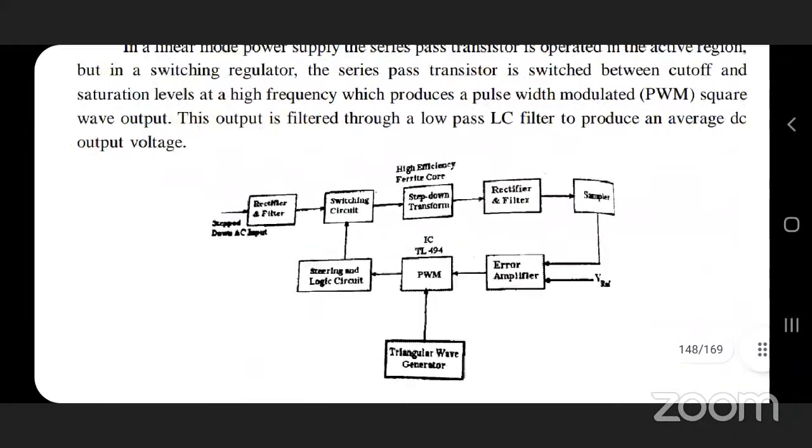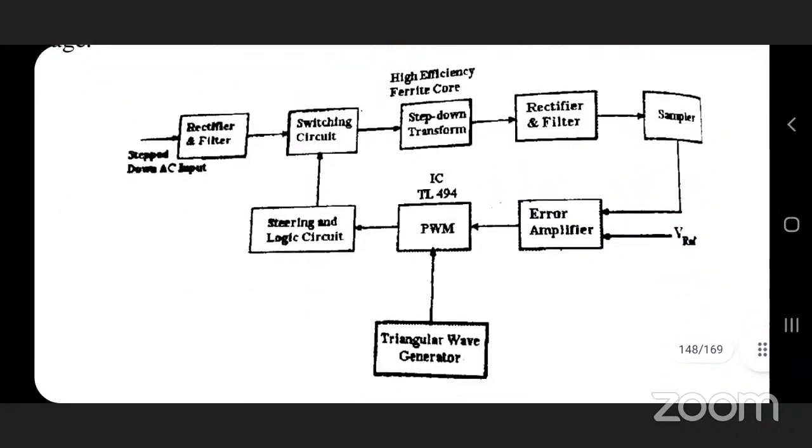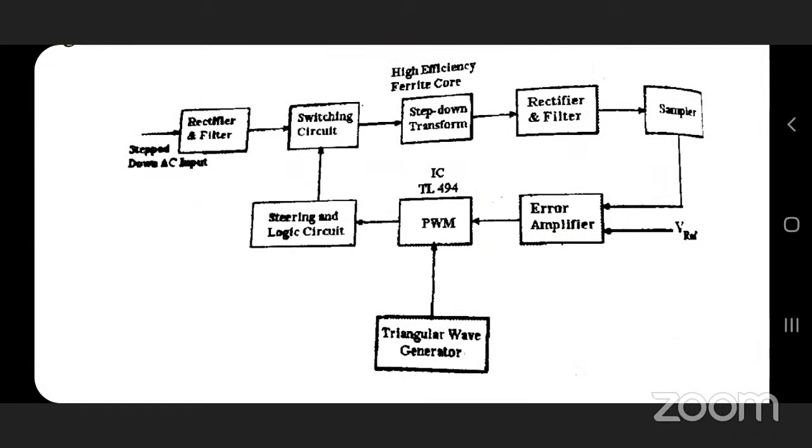So this is the circuit diagram. There is a step down AC input, then rectifier and filter, which passes through the switching circuit. Again it is switched, through a step down transformer, and passes through the rectifier and filter.